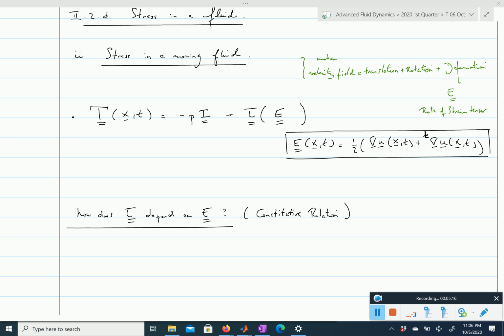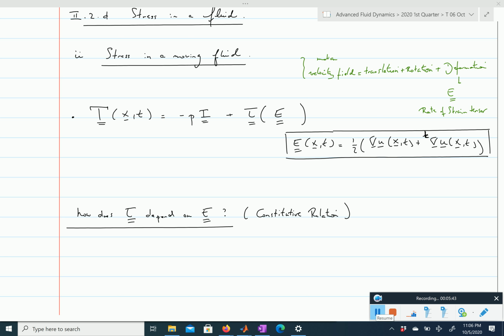Before, when we derived the Cauchy momentum equation, we were just imposing Newton's second law. We were not saying anything about the particular material we were looking at, but when you start describing the relationship between rate of deformation and stress, this is when you start describing what kind of properties the material I am considering has.